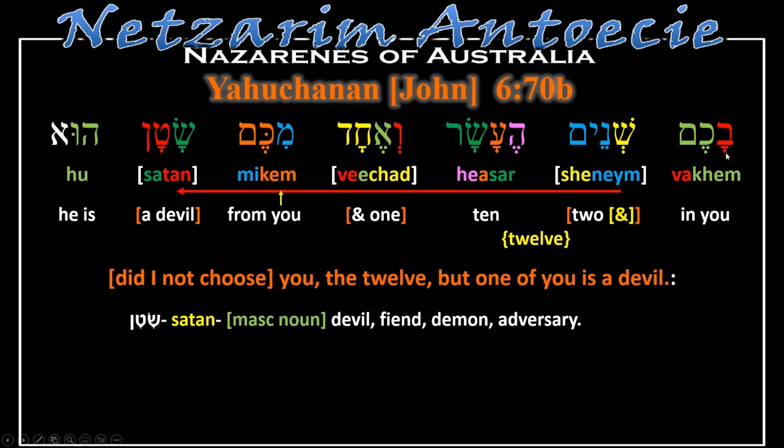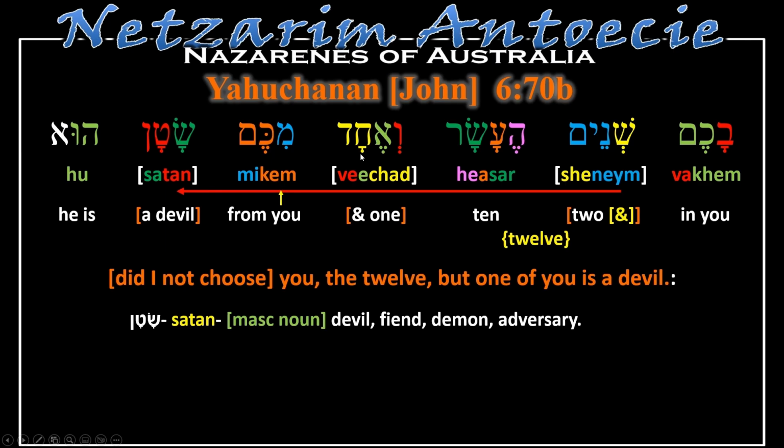And we read it: Va-kem, in you. Now, often it'll be translated among you, but in you is the literal. Sheneim, two, and I've added and again. He-a-sar, meaning the 10, so 2 and the 10, which means 12.